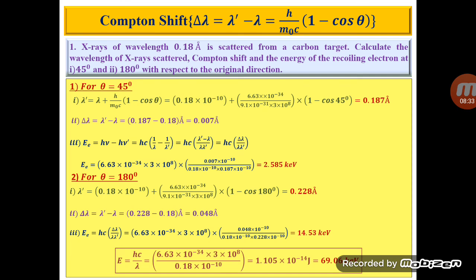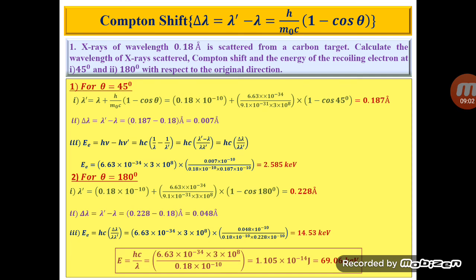And if you compare the values of the energy of the recoiling electron, in the first case, that is when theta is 45 degrees, it is 2.585 kilo electron volt. When theta is 180 degrees, it is 14.53 kilo electron volt. That is because, again, the energy transferred to the electron depends on the value of delta lambda, that is, the Compton shift.